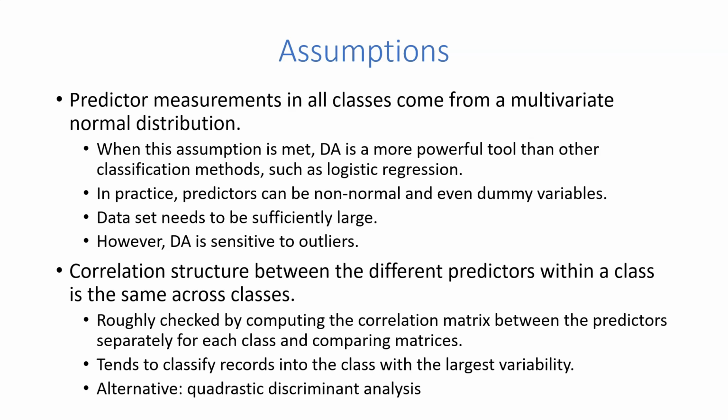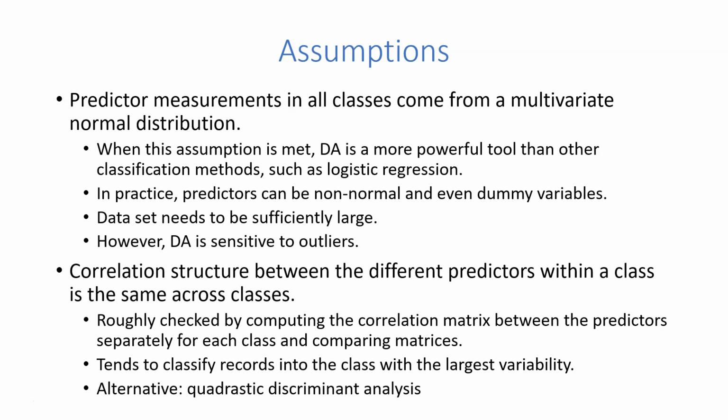If the correlation matrices are roughly the same, then this assumption is considered met. If the correlation matrices are very different, then discriminant analysis tends to classify records into the class with the largest variability. So the analyst needs to be aware of this potential issue.